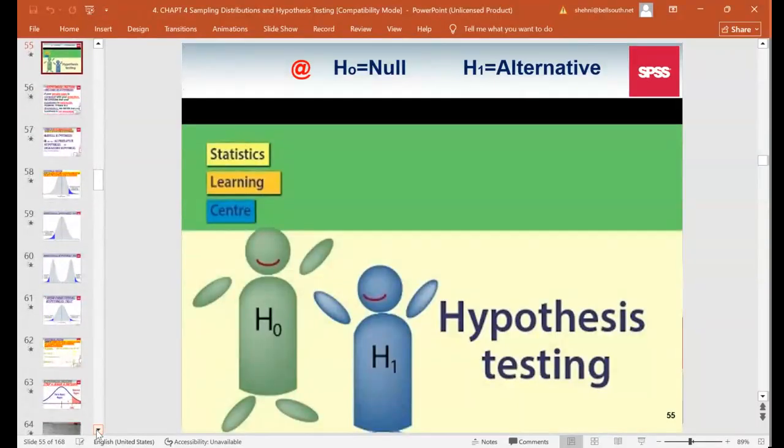So when it comes to hypothesis testing, this section is very important because from now on, we're going to keep covering the same stuff. Whatever the statistic is, the same hypothesis testing applies for all test statistics, whether it's Z-score or t-test or ANOVA, correlation, regression.